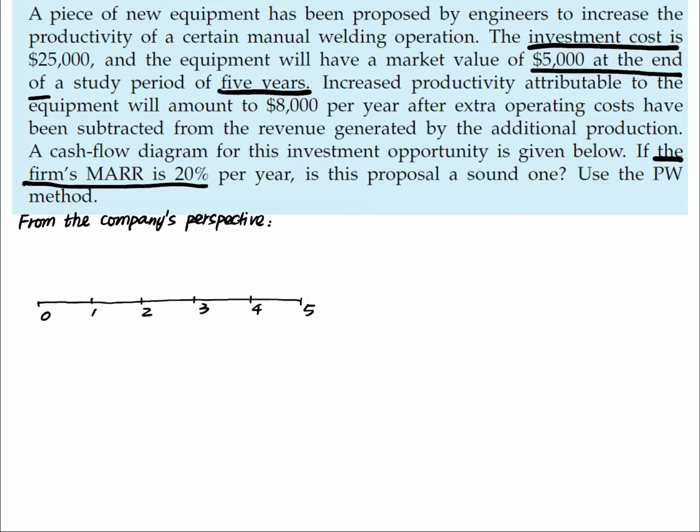So you have 1, 2, 3, 4, and 5. That's your timeline. So at the beginning, you need to pay 25,000. That's the expenditure, so it's going downward.